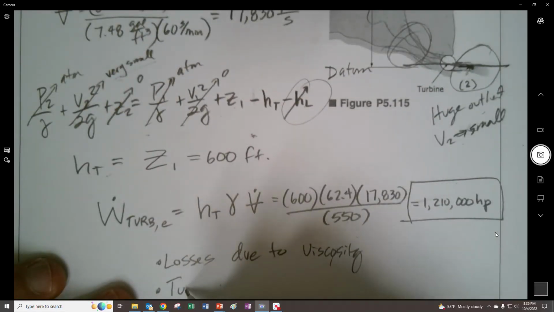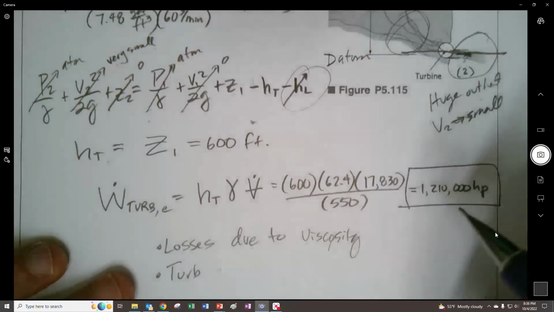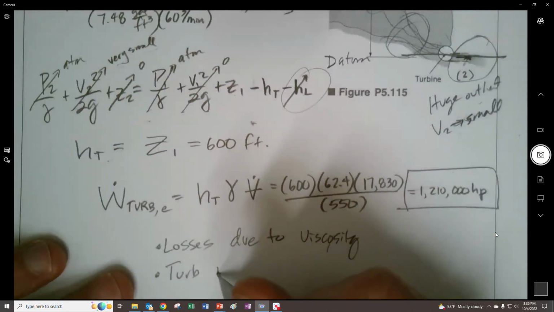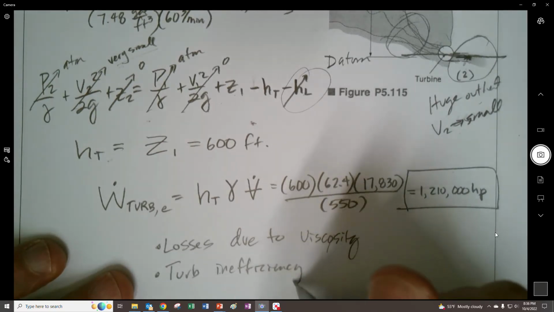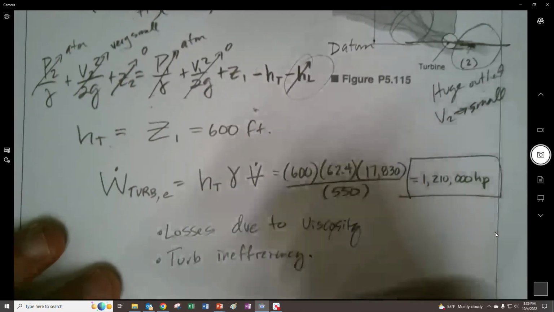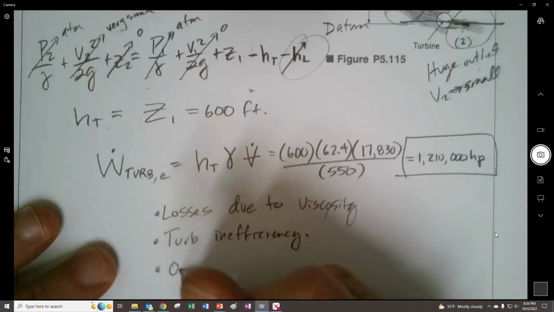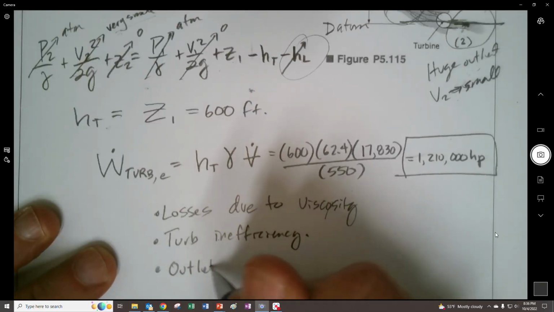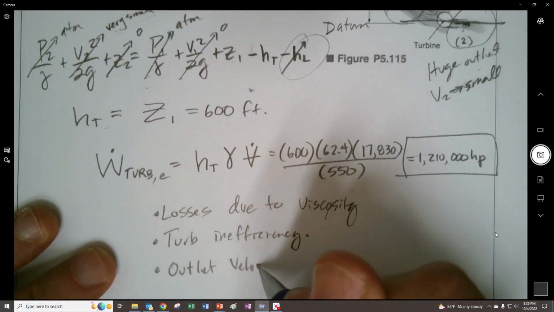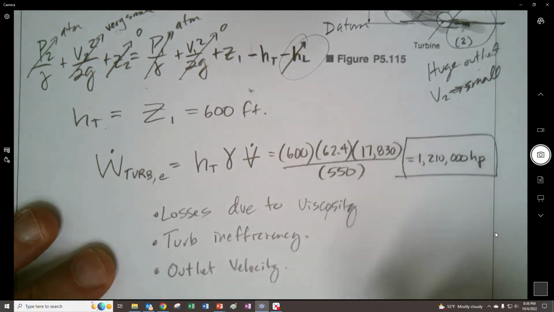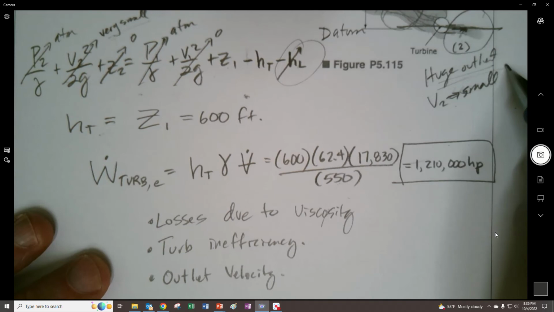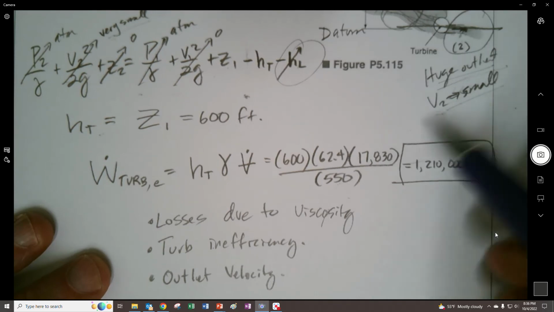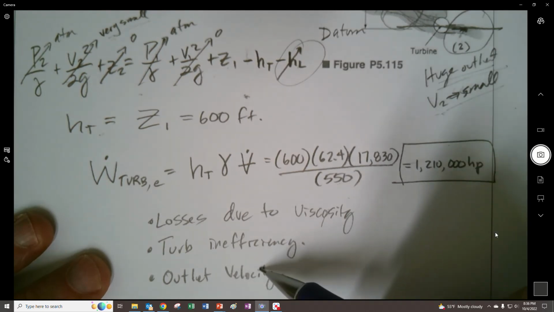Turbine inefficiency. We call it efficiency, but it's really inefficiency. We could also have outlet velocity, because we ignored the outlet velocity here. We said the outlet diameter was so huge that it had a very small outlet velocity, but we know there's going to be some.